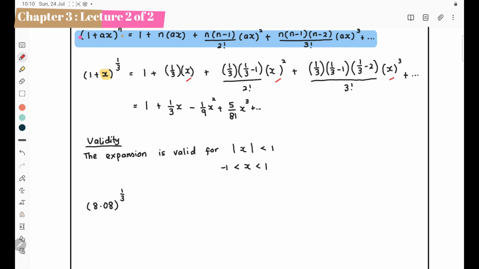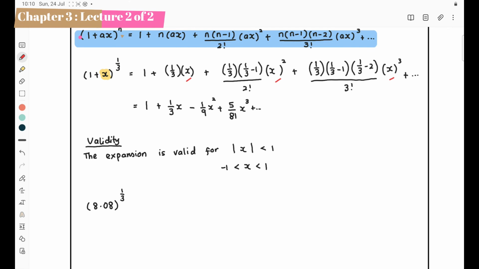Now we have to evaluate cube root of 8.08, or we can write as 8.08 to power of 1 over 3. So in order to use our binomial expansion, we have to find the appropriate value of x to be substituted into our expansion. So, how to get our x?